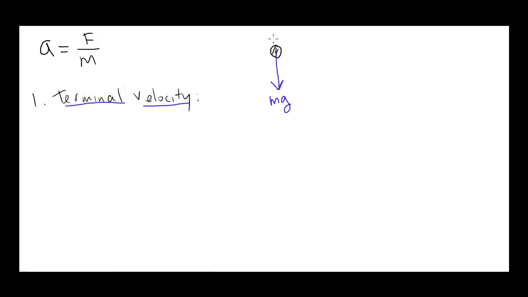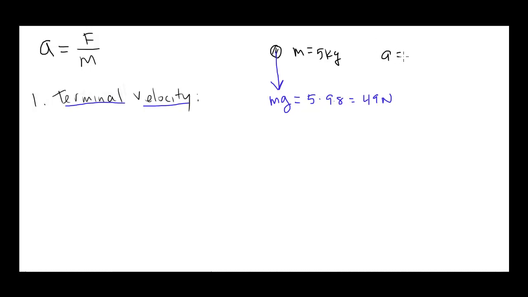Now let's say that the mass of this rock is 5 kilograms. Which means that mg is 5 times 9.8, which is going to be 49 newtons of force. So what's the acceleration of the rock? Well, according to Newton's second law, F over m, the only force acting is this 49 newtons.